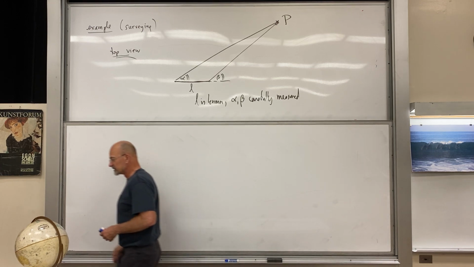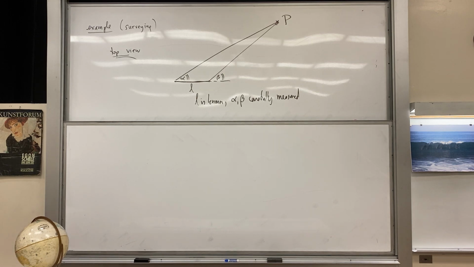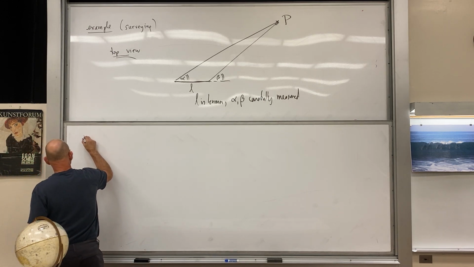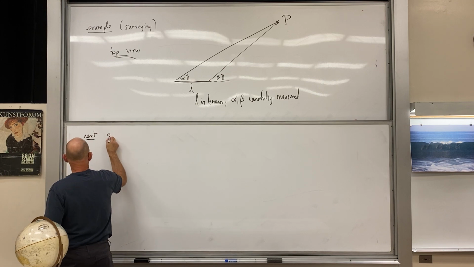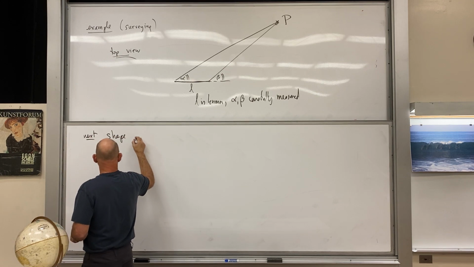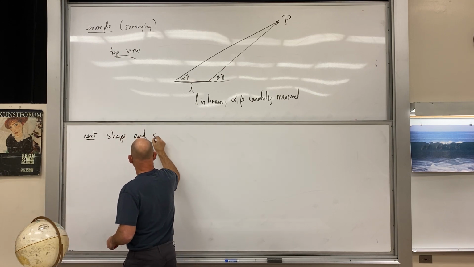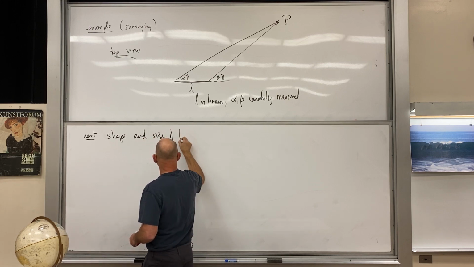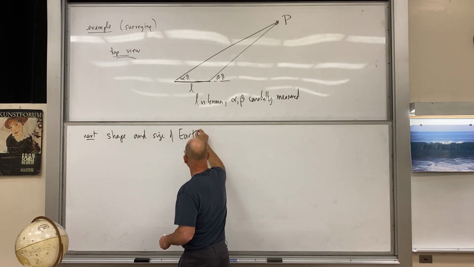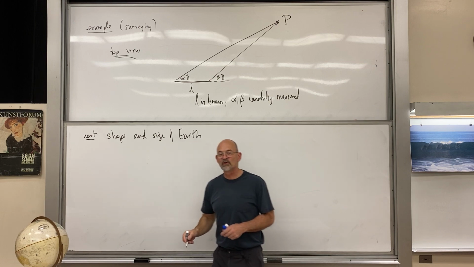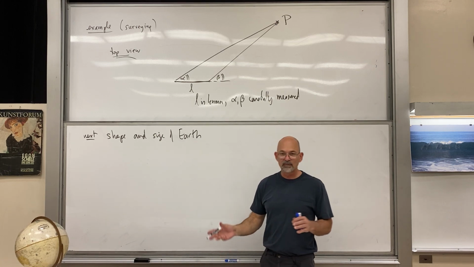So let me consult the clock here. Good. So our next topic is shape and size of Earth. This knowledge is a couple thousand years old, so it's about time we figured it out too.